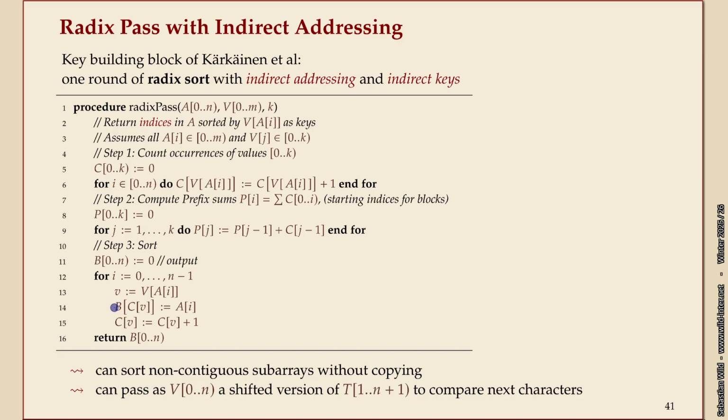What we really write is the index of that value into the position in B. And for that, we use the count array to know where to write to, and we increment that counter to remember that we've already used up one space. So you could think of the count array here as simultaneously moving through portions of the index space. And you don't know in which order you increment them because that's given by the input order. But at the end, they will all have scanned over their range for the value v.